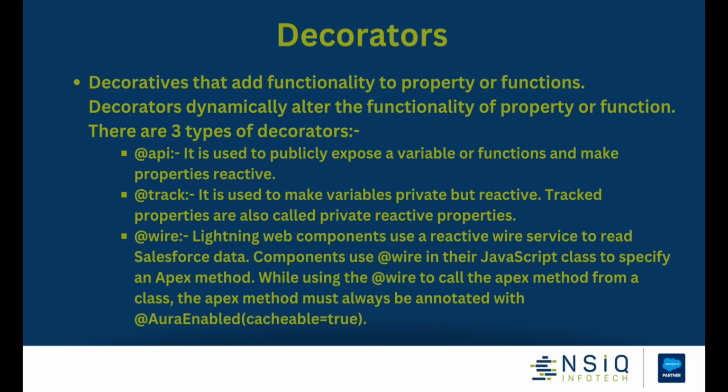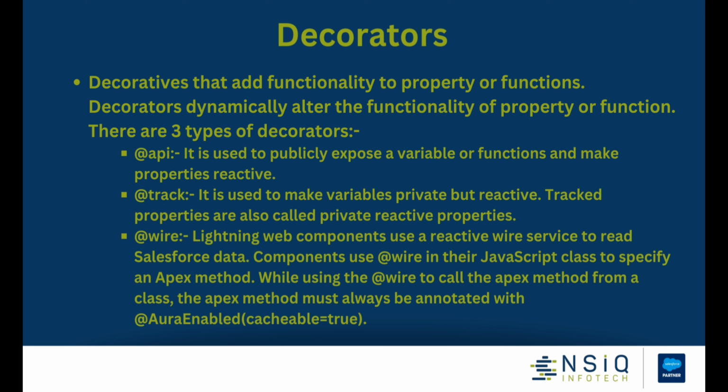Here reactive means if there is any change in a JavaScript property, the component will re-render and all the expressions used in the template will be re-evaluated again. The properties which must be used within the component where they have been defined are termed private properties. So it can only be changed within the component where it is defined.